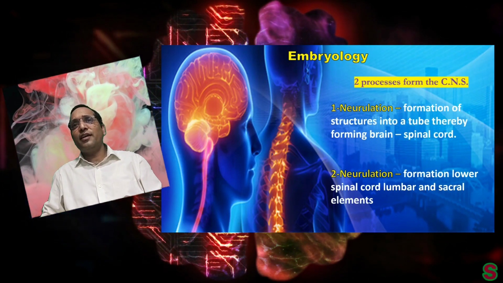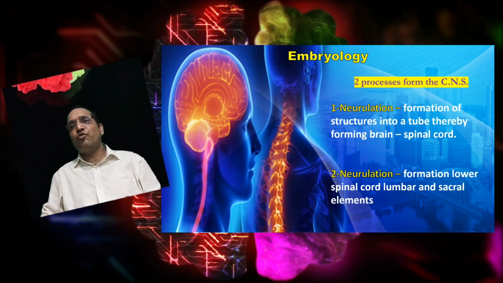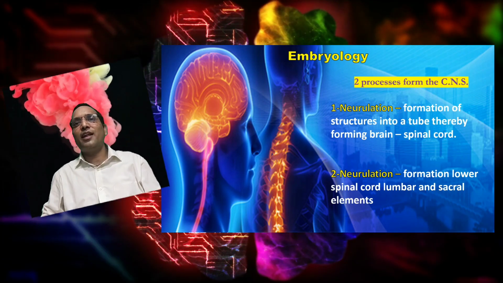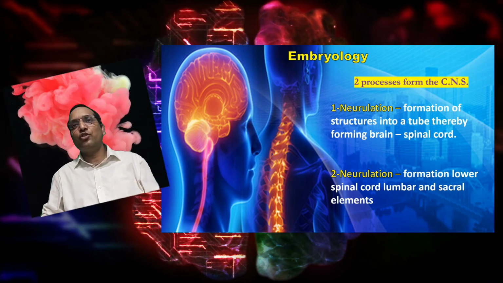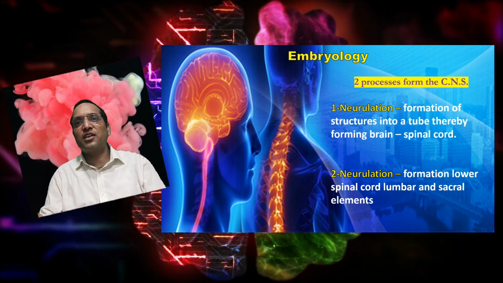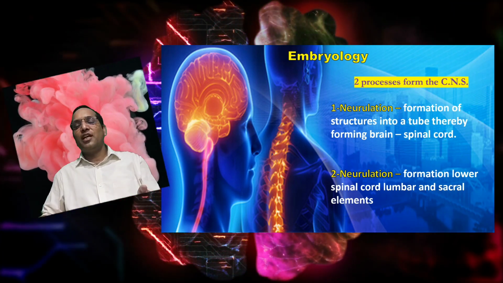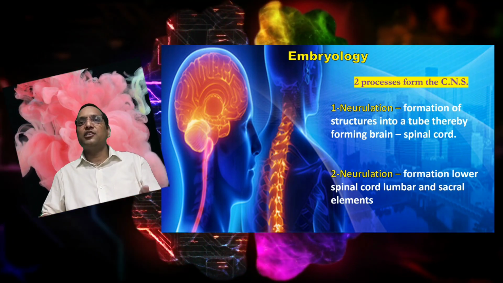Embryologically, there are two processes which form the central nervous system, called neurulation. In primary neurulation, the neural plate forms into a tube, thereby forming the brain and spinal cord.